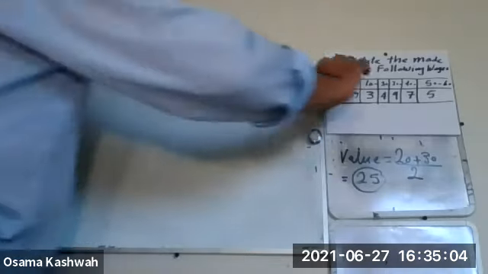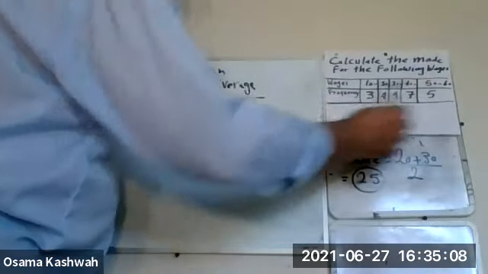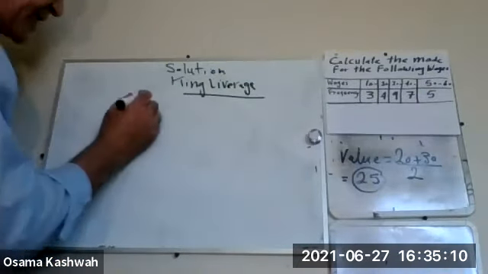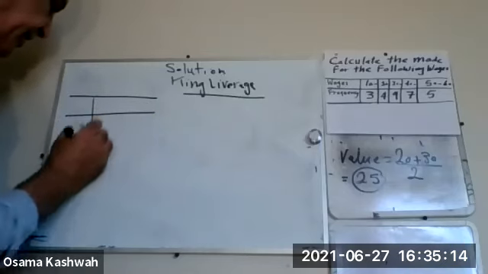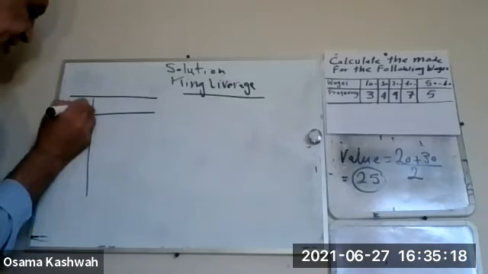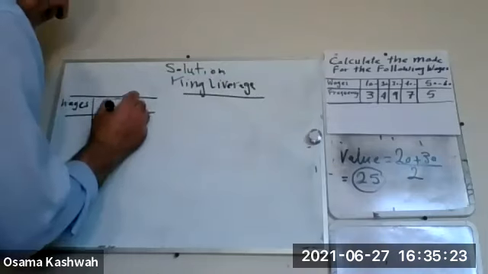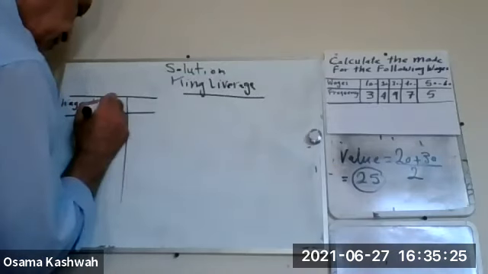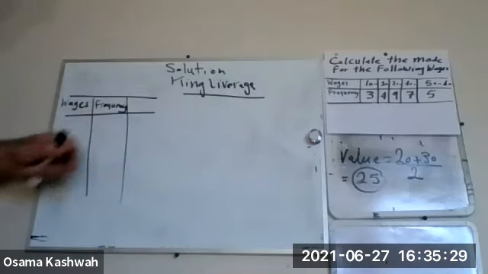First of all, whatever came for me in the table horizontally, I will put it vertically. Here is the wages, and here is the frequency.